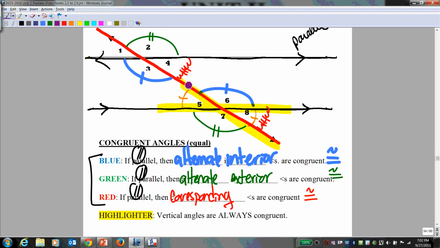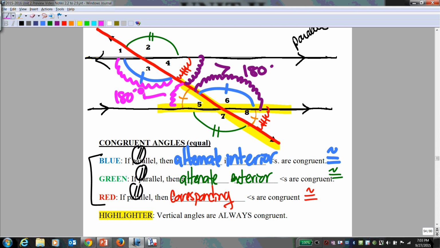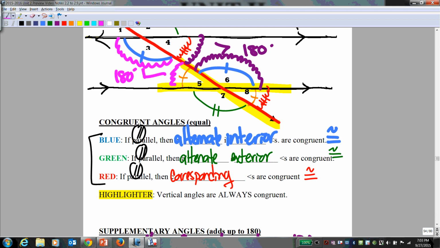That would be like 4 and 6. Those are not equal, but they would add up to 180. 3 and 5 are also same side interior angles. Those also add up to 180 when lines are parallel.